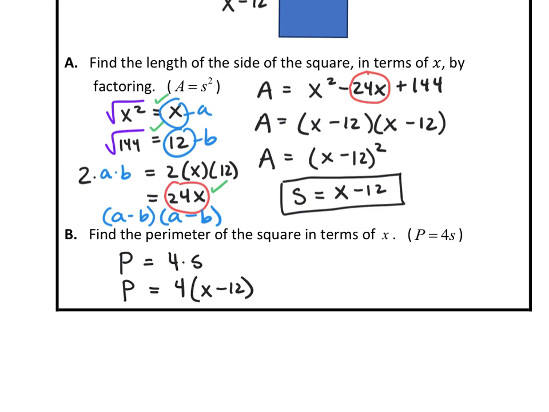And so what should I do with the 4 in front of the parentheses? I should distribute, right? So if I distribute, I get 4 times x is 4x, and 4 times negative 12 is negative 48. So this is my perimeter.